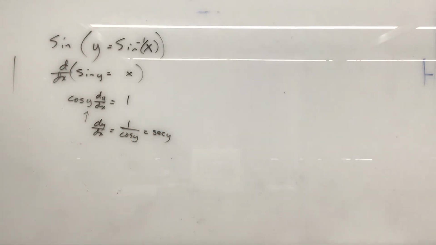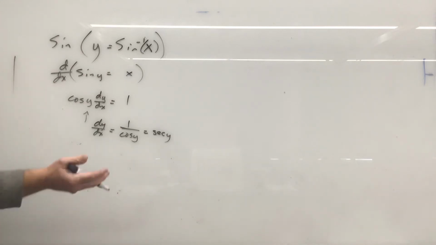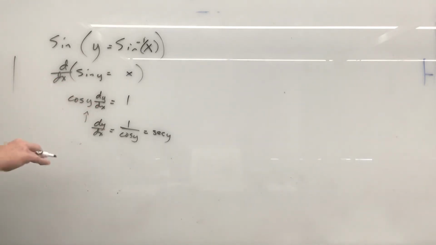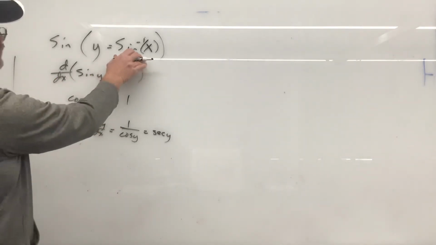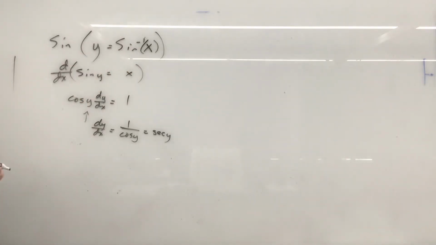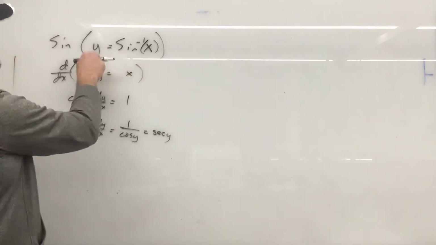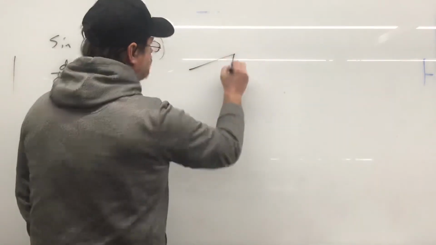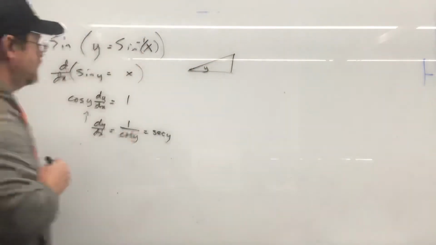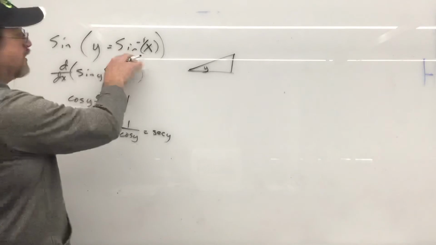But I also look at this and say, I don't know what secant and y and all this kind of thing mean, because I haven't done yet what I did in those other ones where I was talking about an inverse. The first thing I should do here is draw the triangle that is related to that. So when I look at this, what I am saying is, this is an angle. And what I'm interested in knowing about is what else is going on in that triangle.